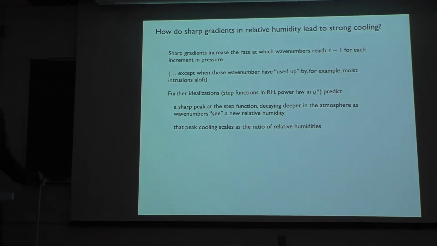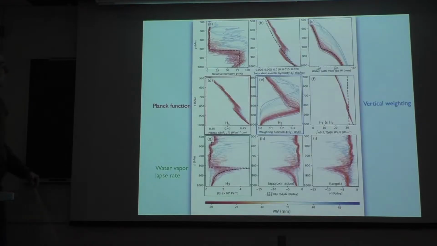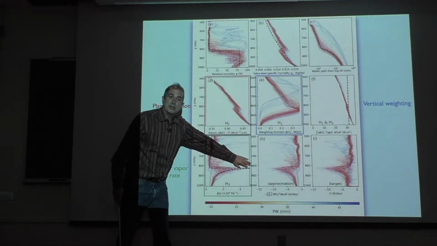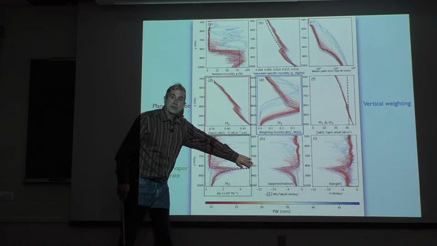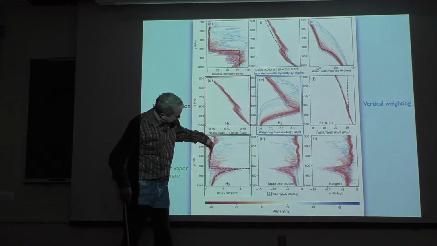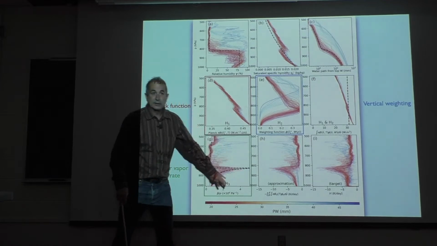One of them is that the peak cooling scales as the ratio of the relative humidities in the free troposphere and the boundary layer. And the other is that it explains the shape that we see here, a very sharp cooling near the hydrolapse, near the humidity inversion, decaying back towards this value as you descend.